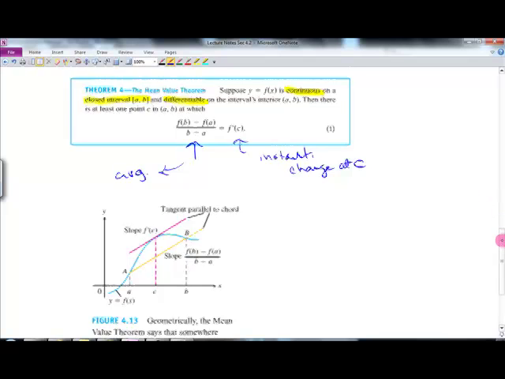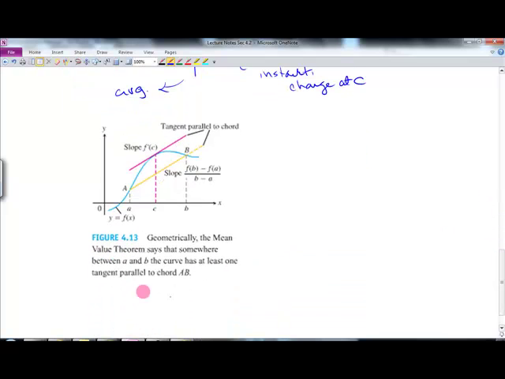So that's what that is saying. And geometrically, there's a little picture here that's saying between a and b, there's at least one tangent that's parallel to this chord AB that's drawn when you connect f of a and f of b, that you get this tangent that's parallel.